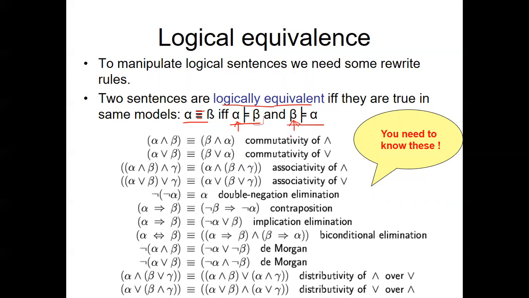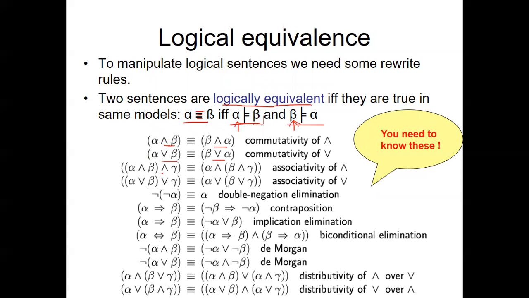Right? And there are some other rules of logic. Probably you might have learned these things somewhere else, in discrete mathematics or something like that. So alpha and beta is equivalent to beta and alpha. Alpha or beta is equivalent to beta or alpha.